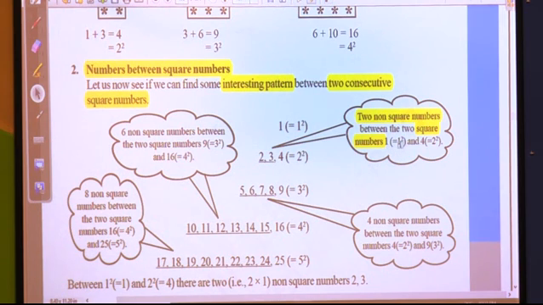What are those two square numbers? 1 square is 1 and 2 square is 4. Between 1 and 4, these are the two non-square numbers, 2 and 3. They are explaining us this.